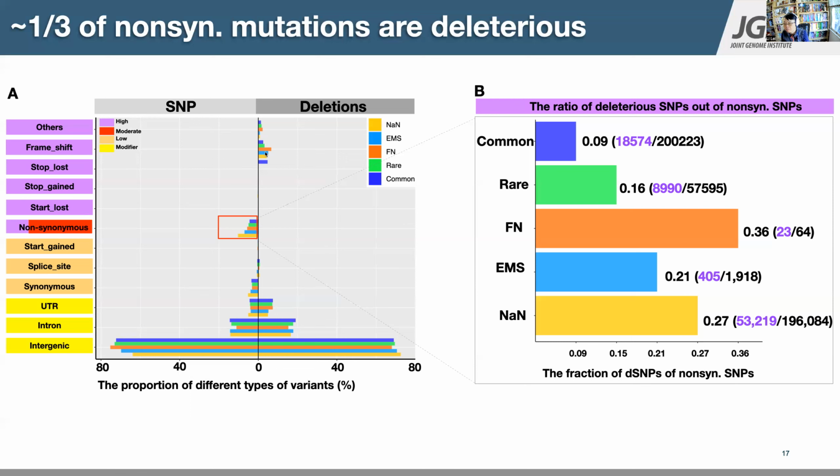That is annotated by SnpEff, and around 15% of the SNPs are non-synonymous, and we're not sure how many of them are deleterious. So then we run the BAD_Mutations pipeline. This is the right panel. It shows how many of the non-synonymous SNPs are deleterious.